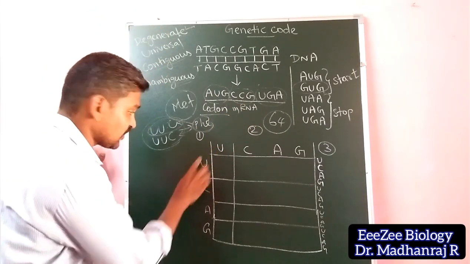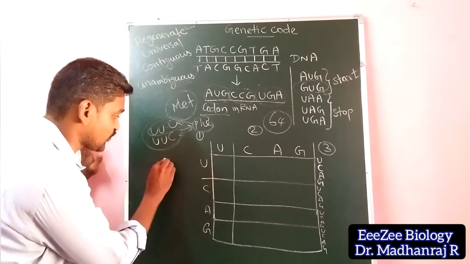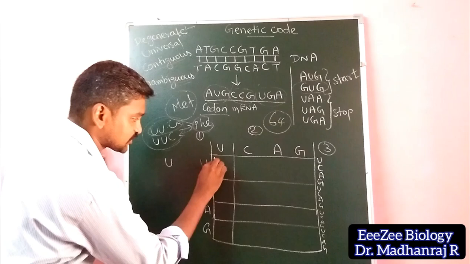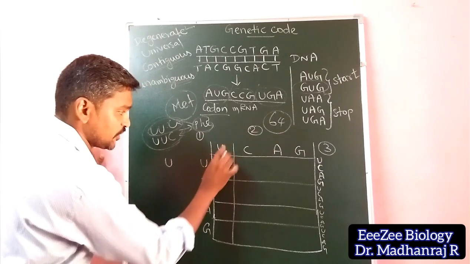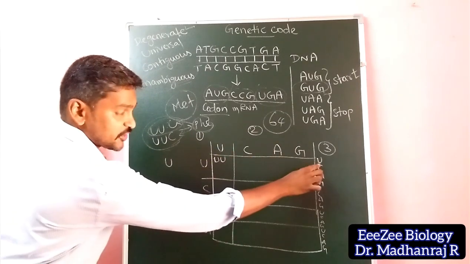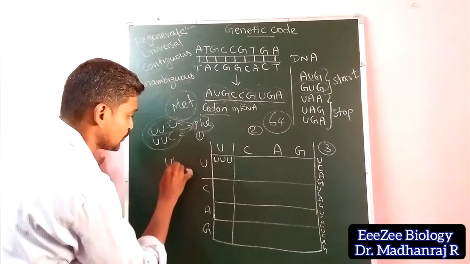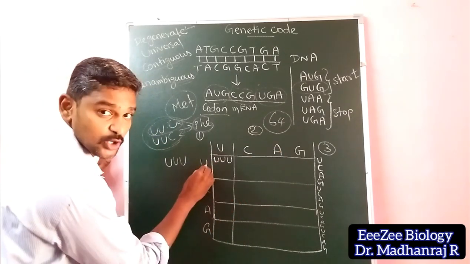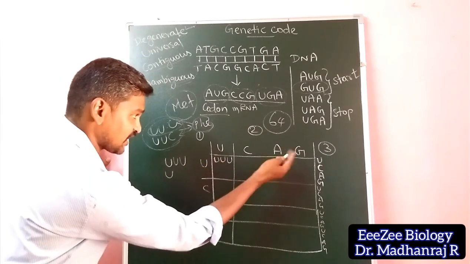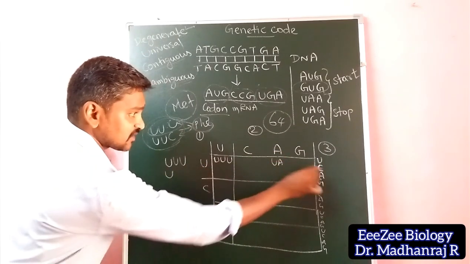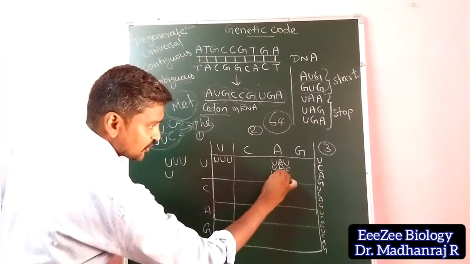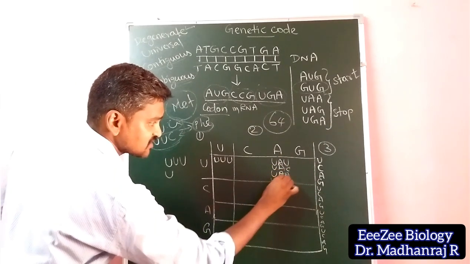So these will come in the first position. For example, if the first position is U, the second position is U, and the third position is U again, then UUU will be one codon. Take the next example: first position U, second position A, and third position U, then UAC, UAA, UAG will come.